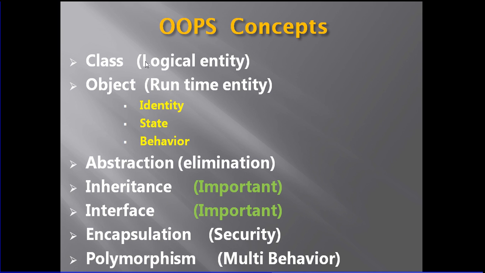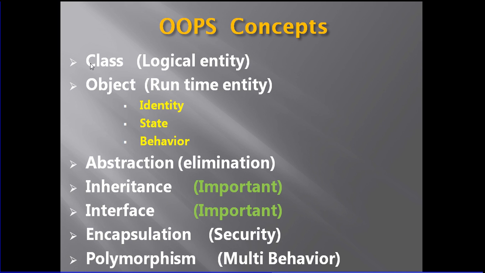I have given details in brackets. Now I am telling about class, object, abstraction, inheritance, interface, encapsulation and polymorphism. Here 7 concepts are available, and these 7 concepts contain some details.